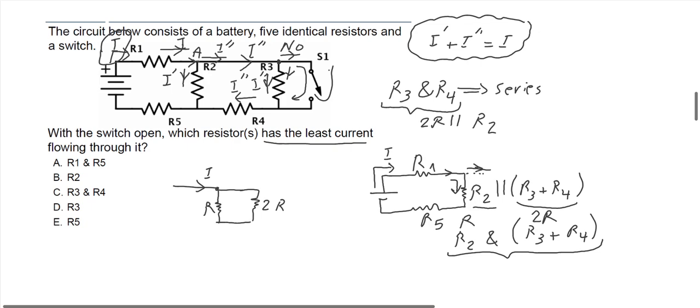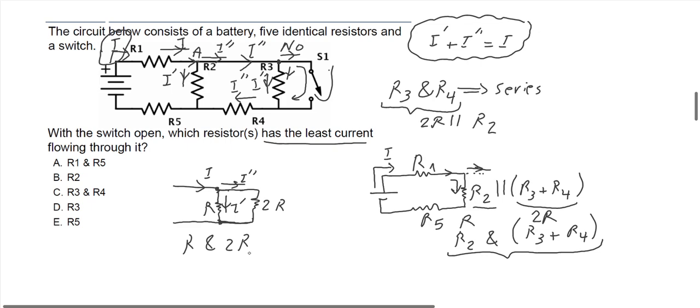Now, if we find the solution of this part, we find the answer. I call this one I prime and this one I second. Which one is higher? If we have a very close look, both of these, I mean both R and 2R, have the same potential. The heads are connected to the same point and the tails are also connected to the same point.